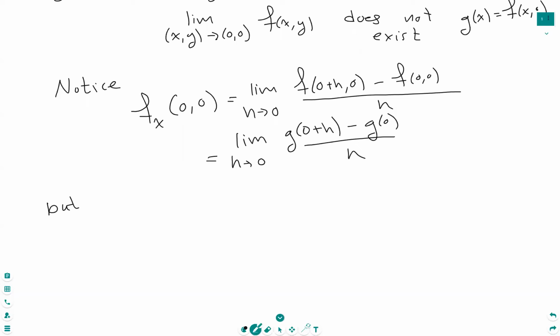Sorry, it's not the partial, it's just the function at x, 0. Along this trace, y is equal to 0, so this is just 1.